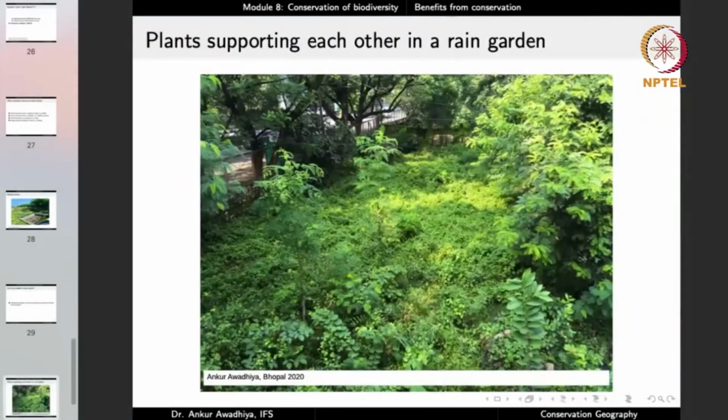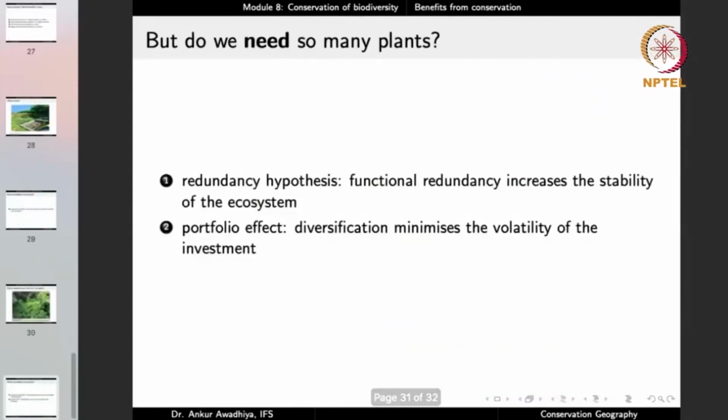Now different plants will support each other, and so this increases the stability of the forest altogether. At the same time, it also acts as a backup against the diseases and other catastrophes. So this is known as the portfolio effect.